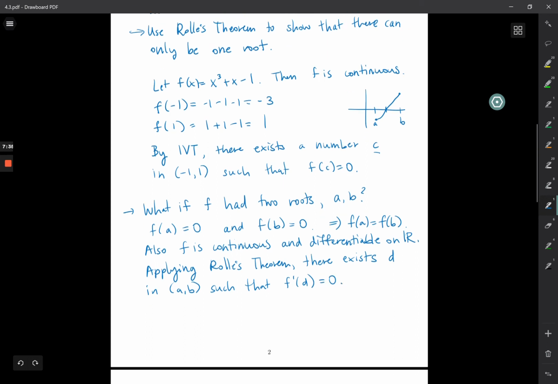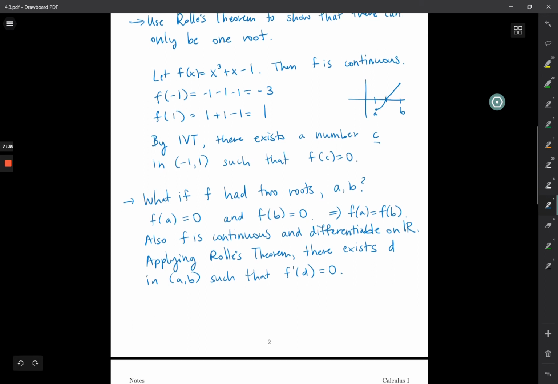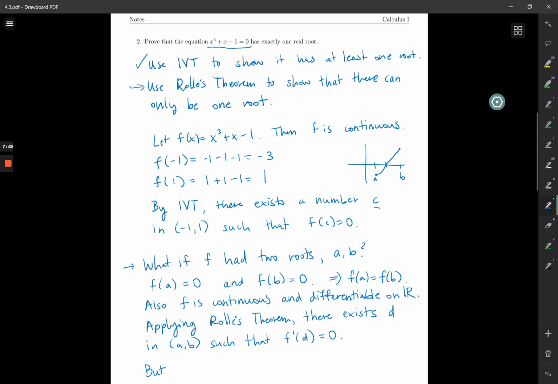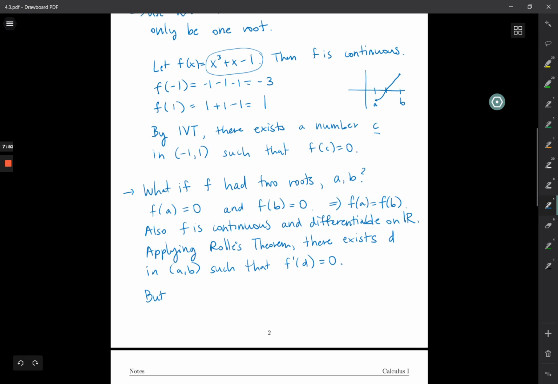So that's the conclusion, right? And so what we can do now is actually compute f prime, because we have the actual equation for the function, right?